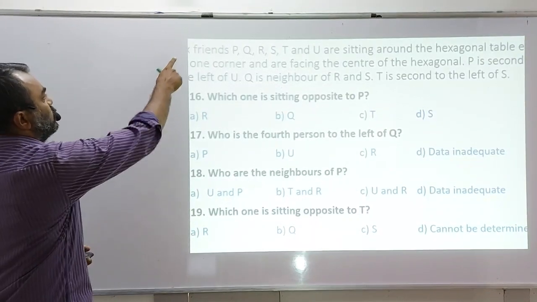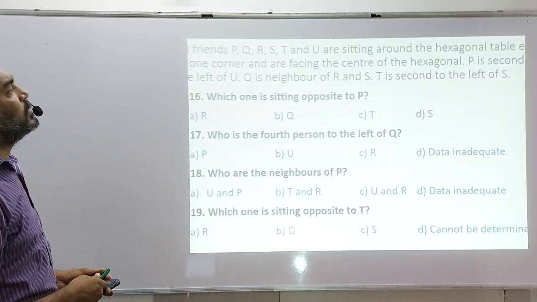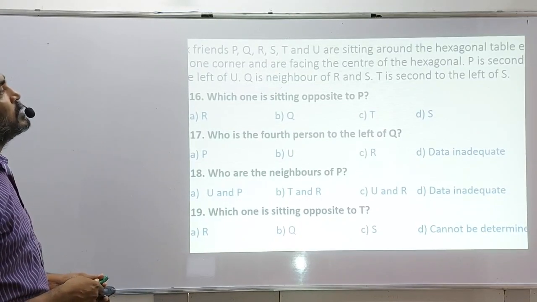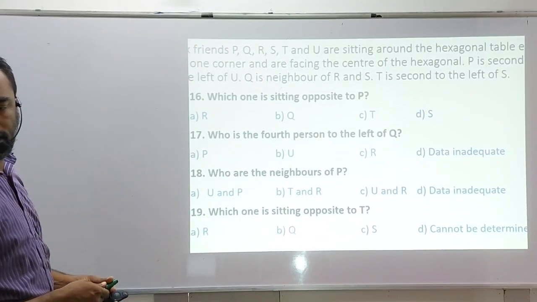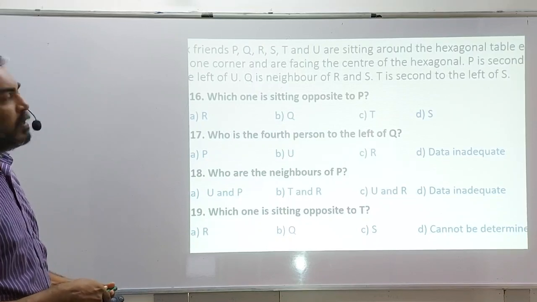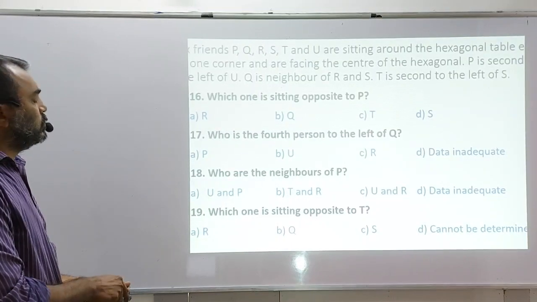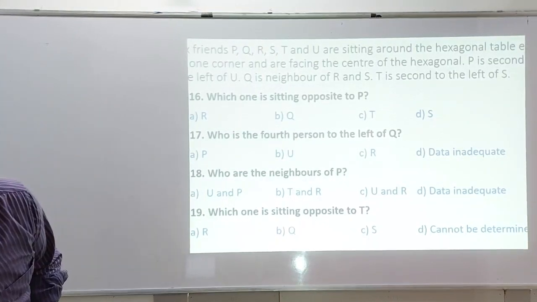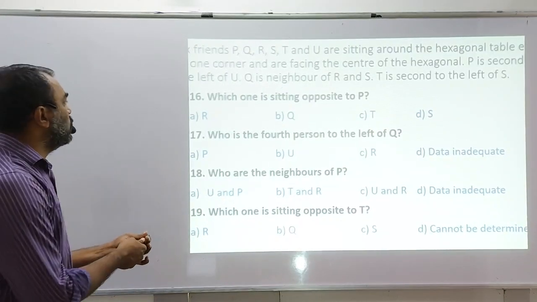Six friends. P, Q, R, S, T, and U are sitting on a hexagonal table, each at a corner, and are facing the center. So this time, what do we have? We have a hexagonal table.